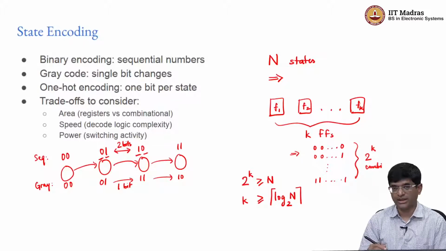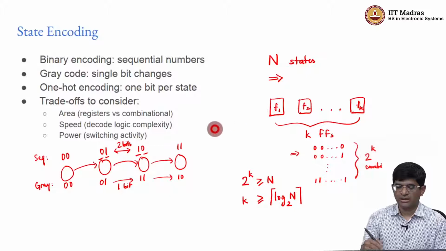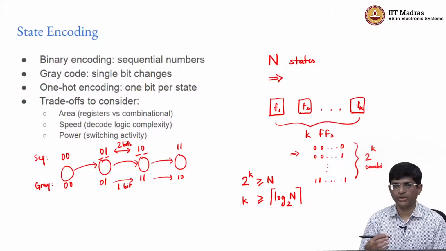Now, what is the potential advantage of that? The advantage is actually decoding complexity, because now remember that in order to generate the outputs corresponding to a state, I need to know which state I am in, and based on the logic of which state I am in, I am then going to write some Boolean equations that tell me what my outputs are supposed to be, right.